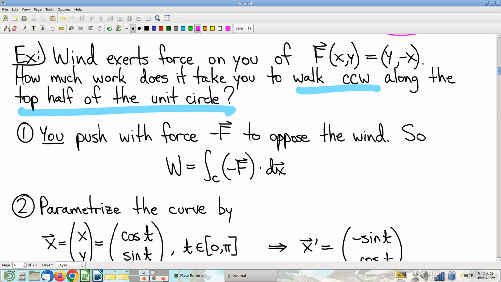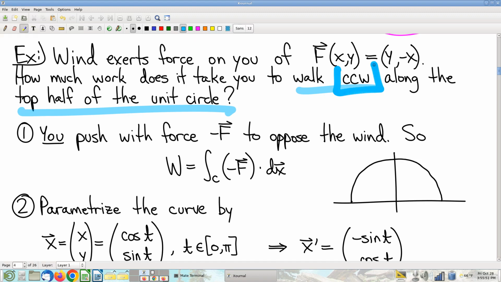And just to have a picture to look at, let me draw that real quick. Here's the top half of the unit circle. And notice, we are walking counterclockwise. Counterclockwise means we're going this way, like so. As we walk along that, we're going to have to, again, push to oppose the force of the wind.